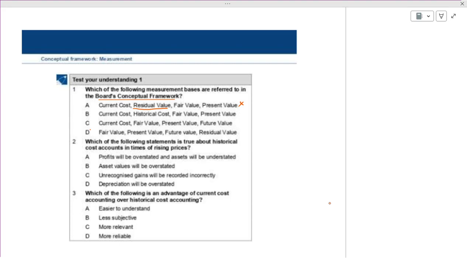Present value is nothing but value in use. Residual value, no. Answer is B. Who said B first?